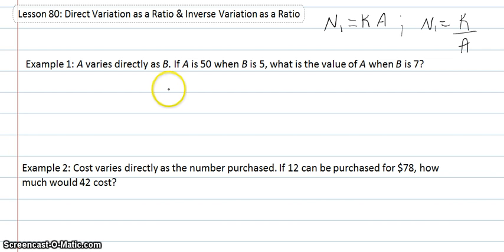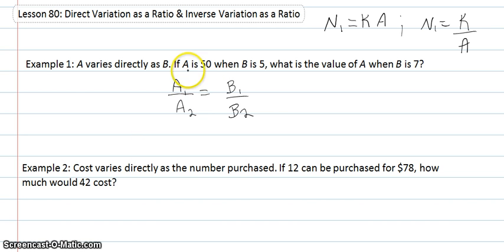To set this up as a ratio, A sub 1 over A sub 2 would equal B sub 1 over B sub 2. So this is direct variation where my sub 1s line up on top and sub 2s line up on bottom. Then I simply fill in the information they give me.